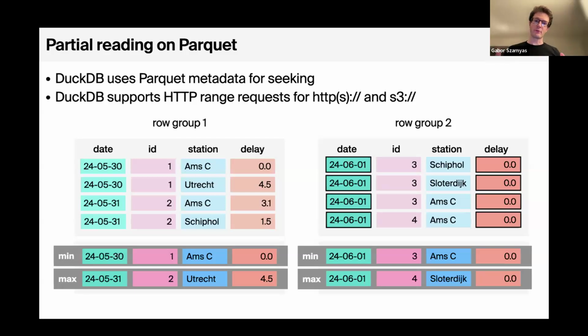And whenever you issue a query, DuckDB makes good use of that metadata by selecting the columns that you want and seeking into the columns that you want, and also using the min-max index that's there. So if you run the query, give me the delays in the summer month, it will again take just the date column and the delay column from the second row group, effectively chopping the network traffic into 1/4 of what it would be.